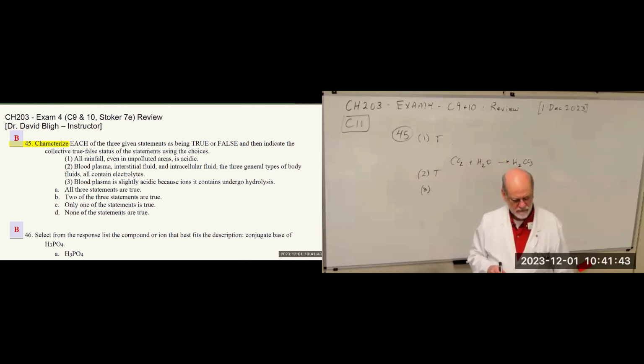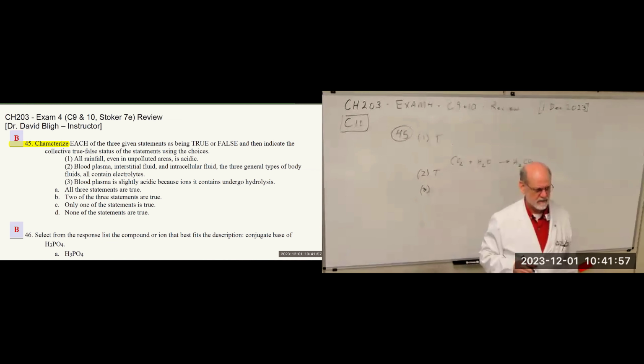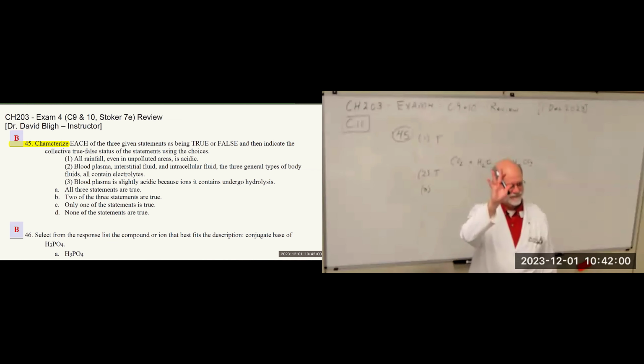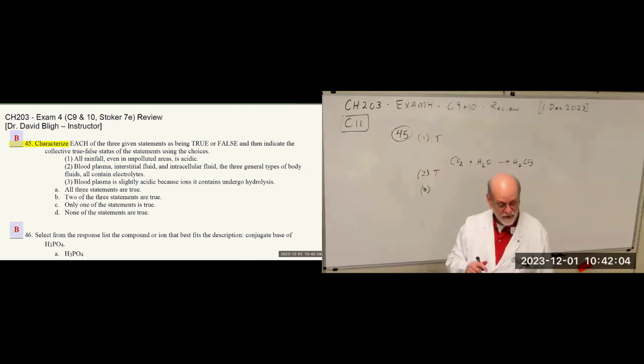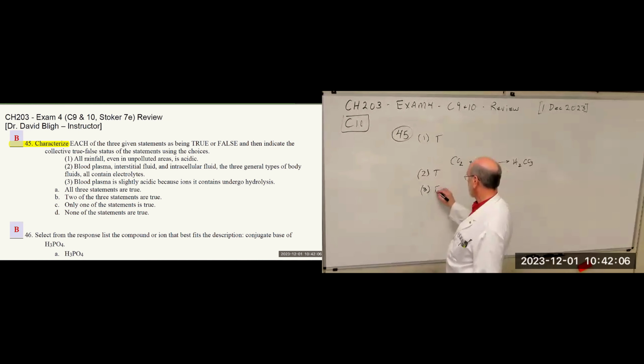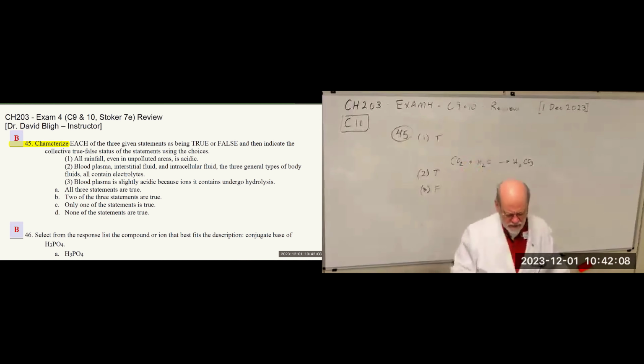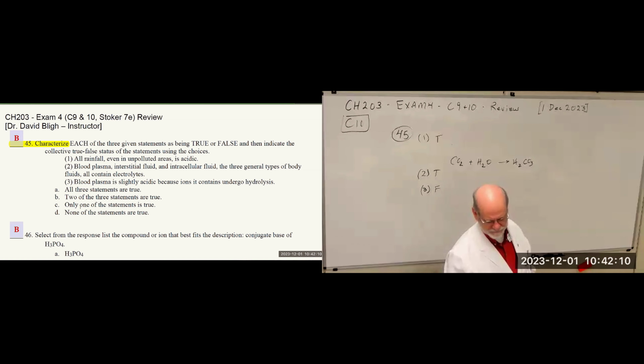Yeah. Ever so slightly basic. What is it? 7.35 to 7.45, I think. Very narrow range, buffered. So 3 is false. So we only have 1 and 2. B is the answer to that one.